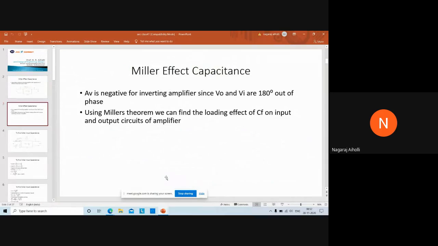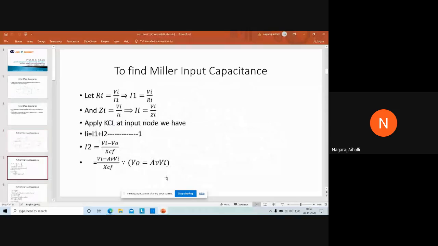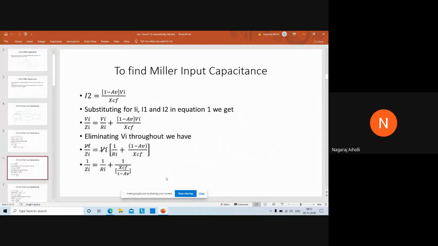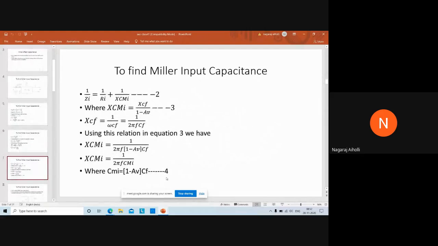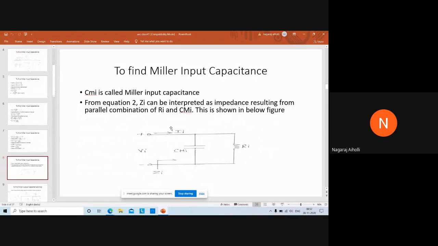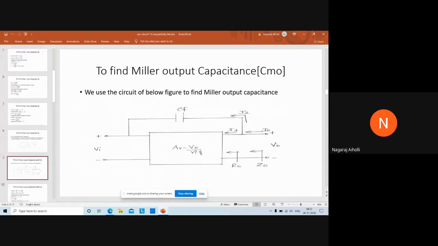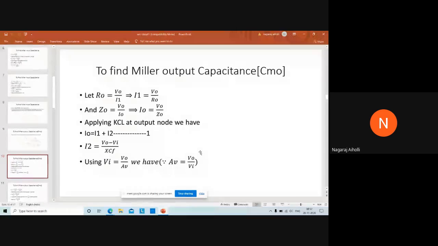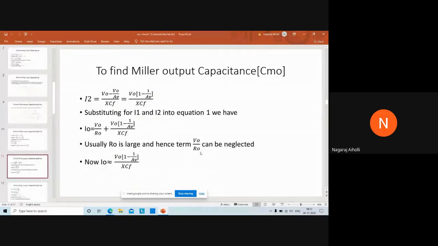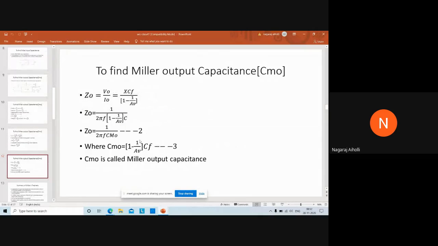Considering the inverting amplifier and the loading effect, we derived the formula for the Miller's input capacitance, that is CMI is equal to (1 minus AV) into CF. Similarly, for the output side, we derived CM naught is equal to (1 minus 1 upon AV) into CF, the Miller's output capacitance.